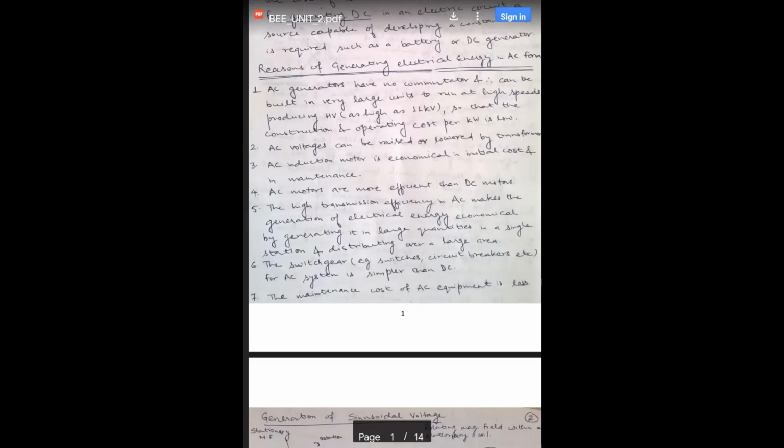Whenever there is sparking, there will be some burning of metallic and non-metallic parts, and it will produce carbon black. So the surroundings of the commutator and the DC machines become contaminated.